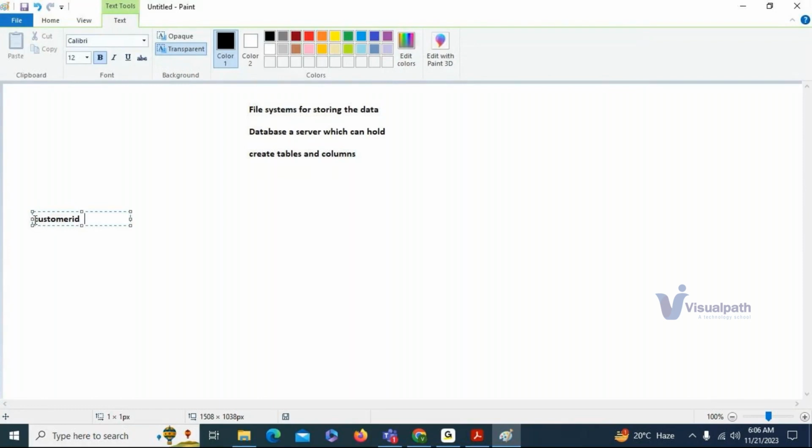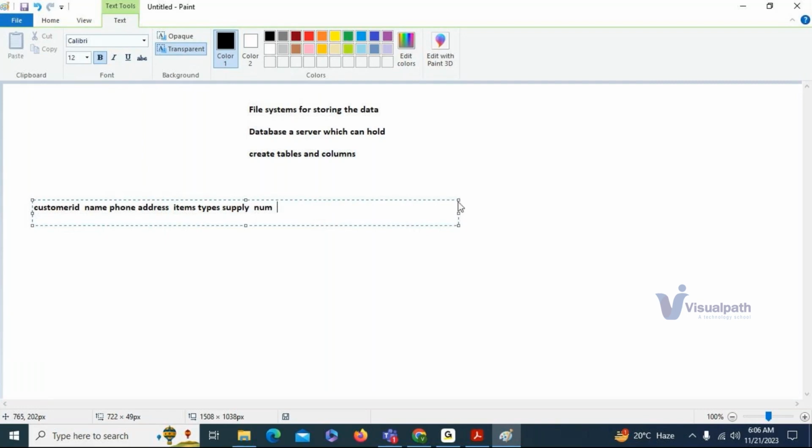You'll have a customer ID, name, phone number, address, and then the items you are going to buy, item type, who is supplying that item, number of items you want to buy, cost of each item, total cost, delivery address, whatever you have. The list goes on to the biggest extent possible, maybe probably 100 columns.